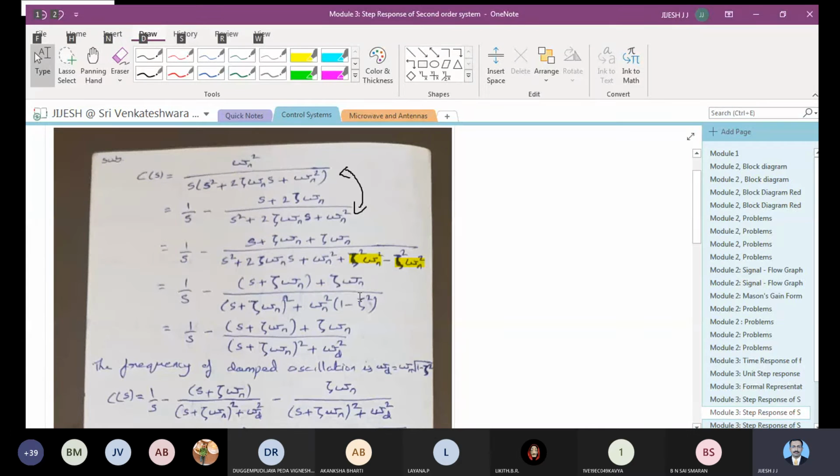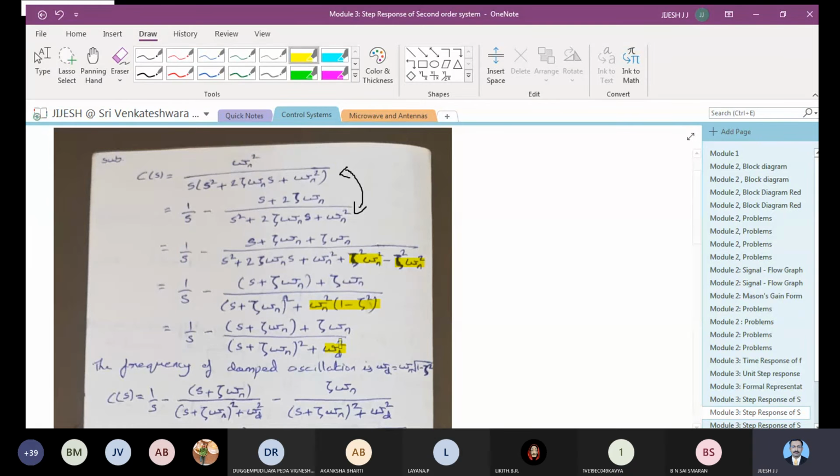Once you get this, further what we can do is, omega n square into 1 minus zeta square, this term I have replaced as omega d square. So you should understand what changes we are doing to derive it.